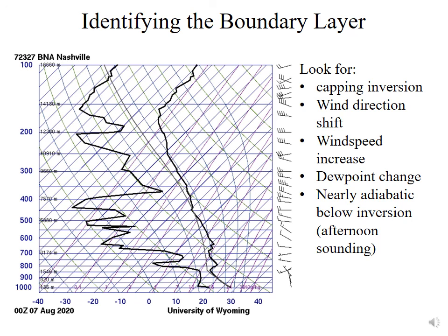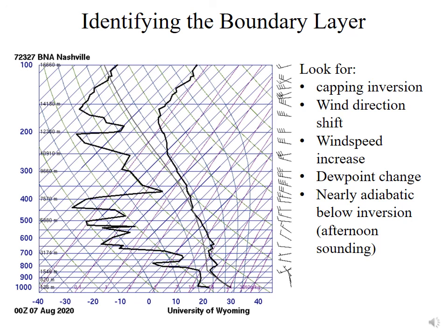So in this example here, if you take a look at the surface, we have a temperature which is decreasing in an almost adiabatic fashion. And then we have an isothermal layer extending from about 80 kilopascals to almost 85 kilopascals.